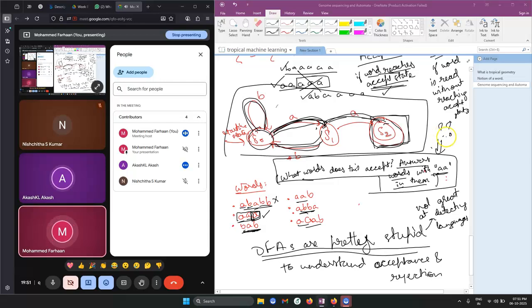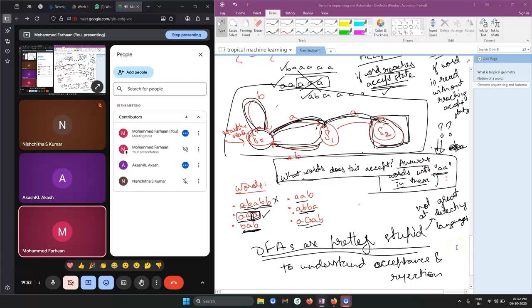But I constructed this automata with this in mind. So this is the reason why it acts like this, okay? Not all automata are just going to randomly behave in some mysterious way where it decides that it wants words with A, B, A in the middle. No, you have to construct them specifically for that. Okay?